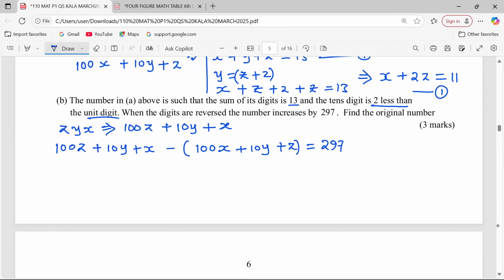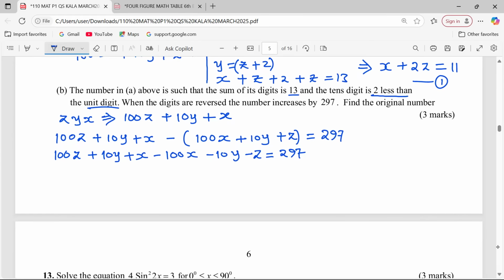So 100Z plus 10Y plus X minus 100X minus 10Y minus Z equals 297. Grouping of terms, we can start with the Z. 100Z minus Z means 99Z.